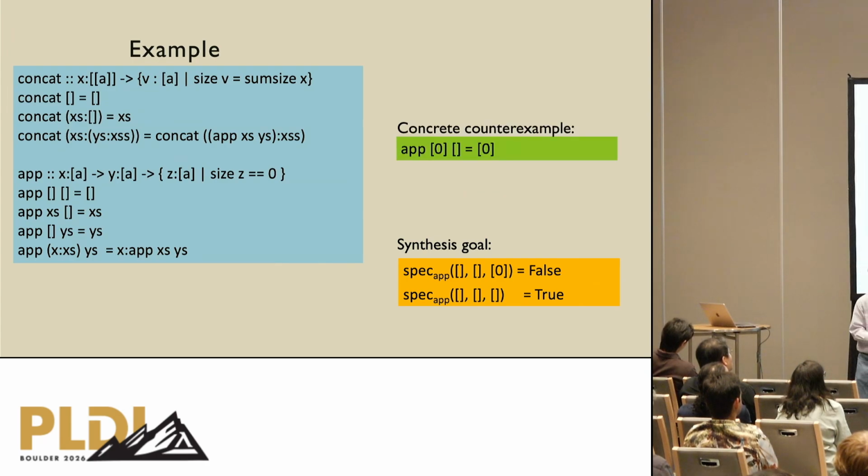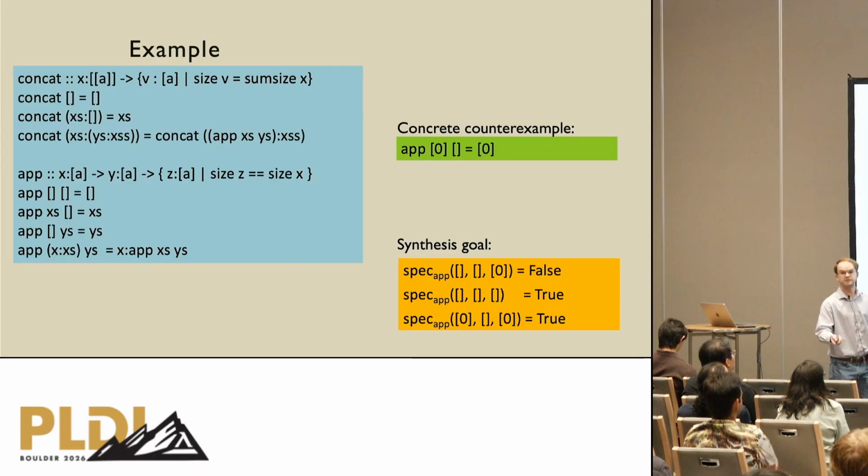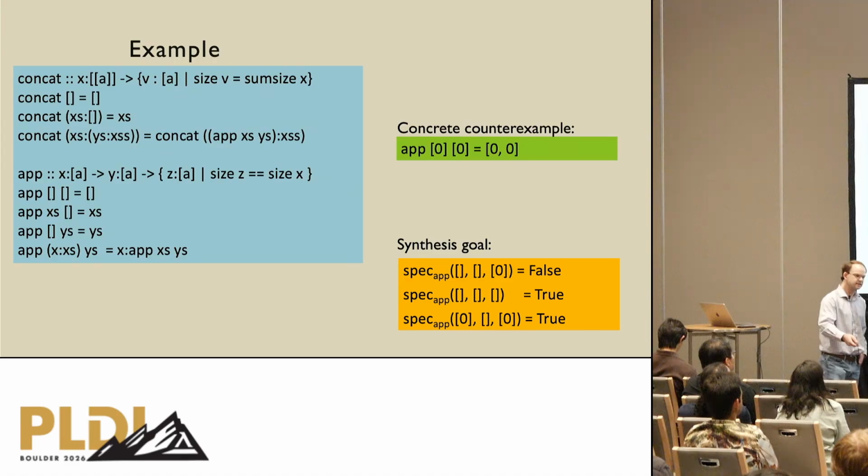And so then we get a concrete counterexample to our synthesized specification. And so we add that as a new synthesis goal. We now know that a list with 0 in it and an empty list gives us a list with 0 in it. And so then we can say, well, maybe the size of the output is the size of the first input. And then, of course, this is not sufficient because you might have elements in the second input.